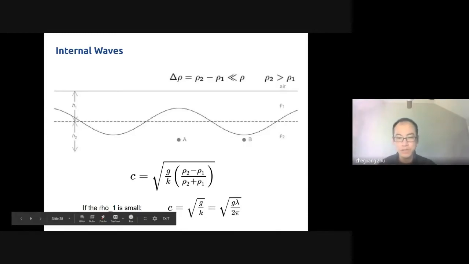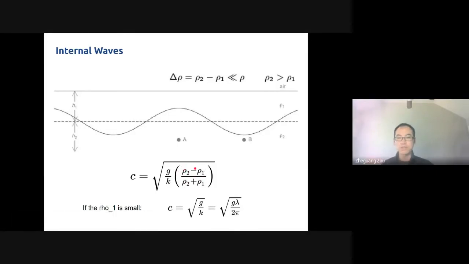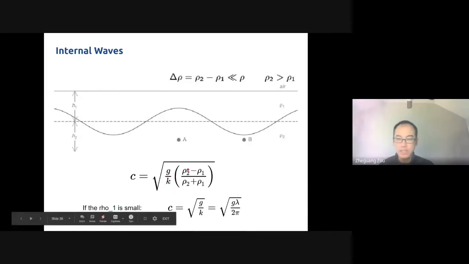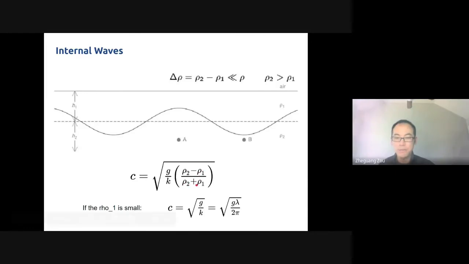Let's give you a quick check of the speed of the internal wave, with a bit more realistic example. There are two media here, and rho 1 is smaller than rho 2. Say we have water, where one density is 1025 and the other is 1035 or something. When you input everything into the equation, you have 1035 minus 1025, so it leaves 10, divided by the sum, which is about 2000 something.